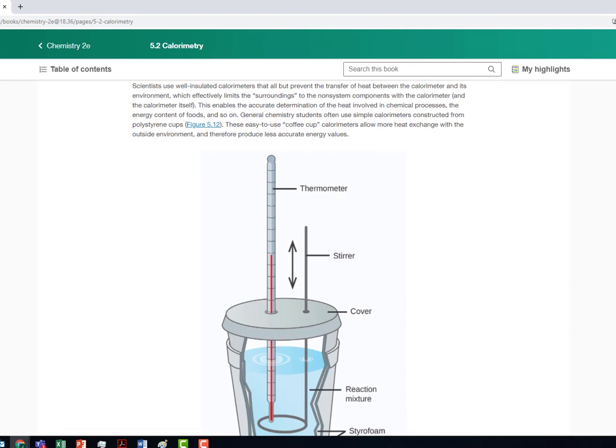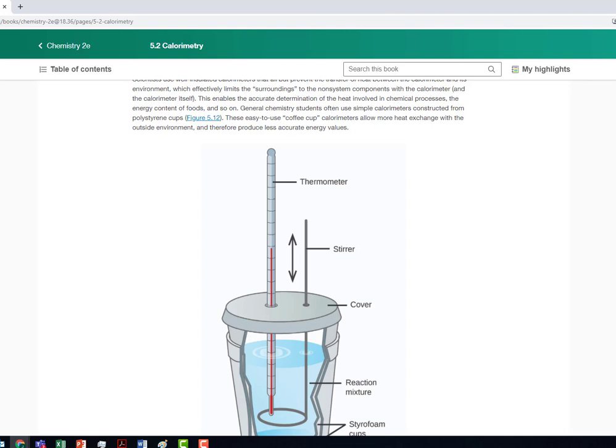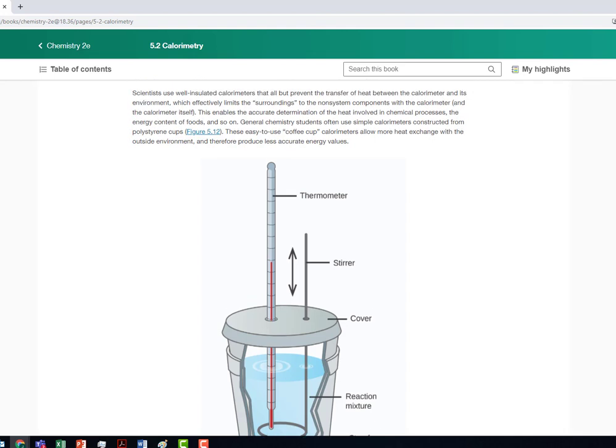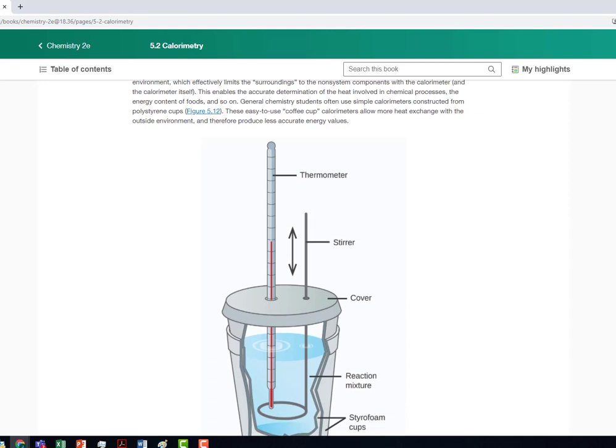So that might seem a bit low-tech to you, but if you think about it, a coffee cup is doing exactly what we want it to. It's insulating, it's keeping the heat from transferring out of the coffee into the surroundings. And it does a fairly good job of it. So we can use that for our experiments this semester.